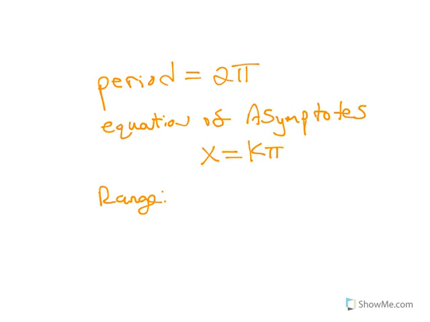And they usually put it in order. So the range would go from negative infinity until you get to the y value of negative 1.